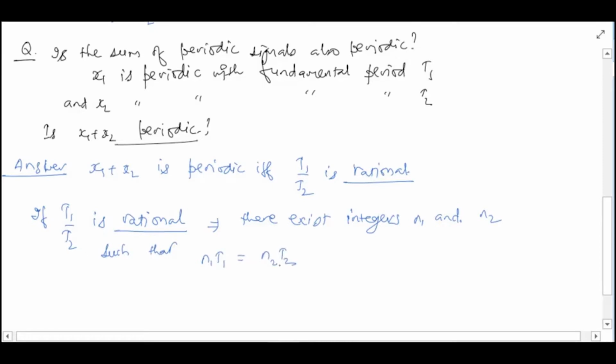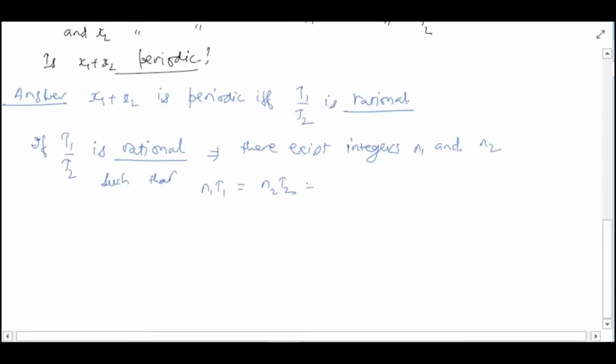Say this is equal to T, then T is a period of x1 plus x2.